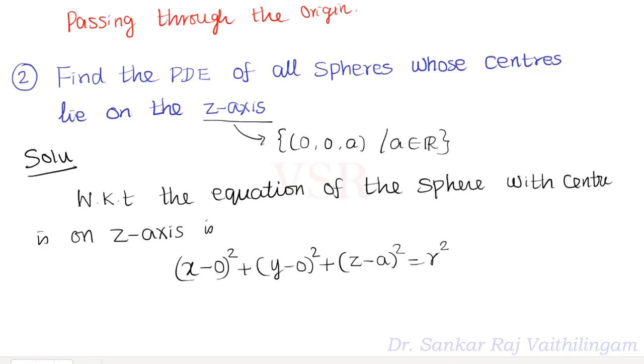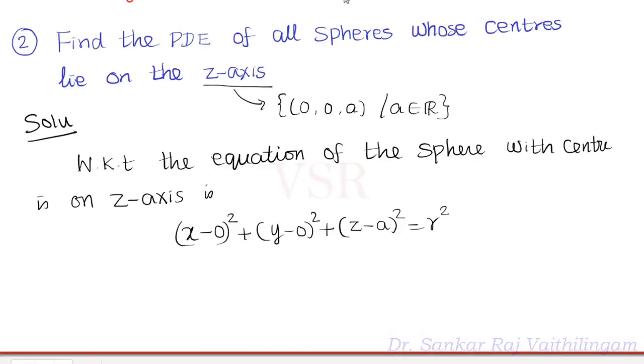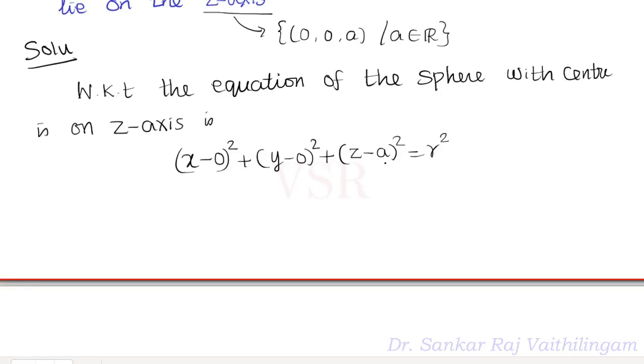R square is constant, the radius is constant. We can take any radius. Okay, so here a and r are the two constants we need to eliminate. So we get x square plus y square plus z minus a the whole square, which is equal to r square.